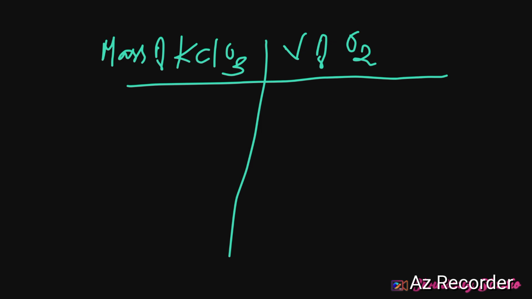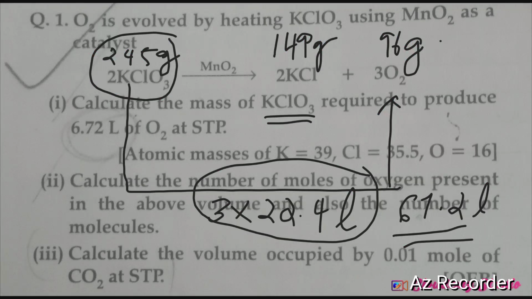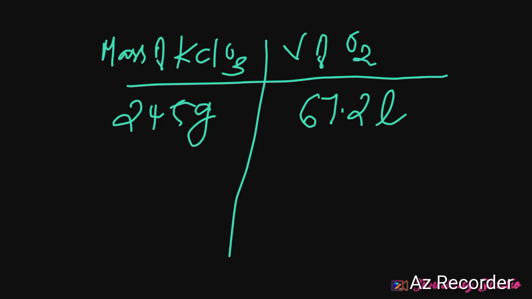We have already discussed that when 245 grams of KClO3 react, we get 67.2 liters of oxygen. Now we need to find the mass of KClO3 which will produce 6.72 liters of oxygen.